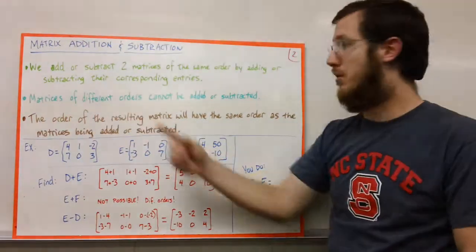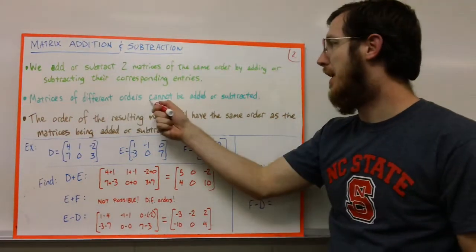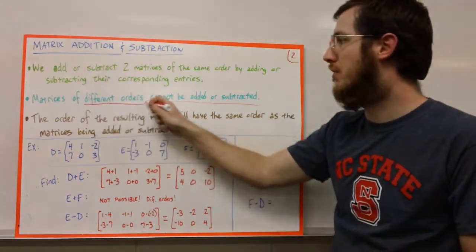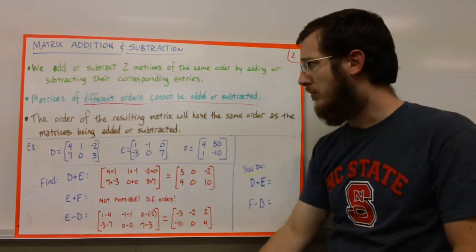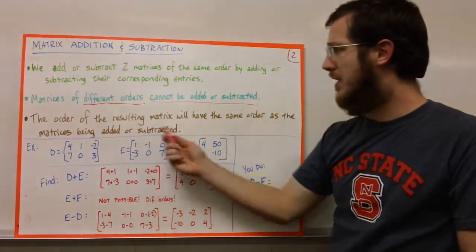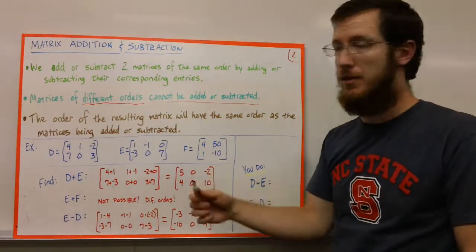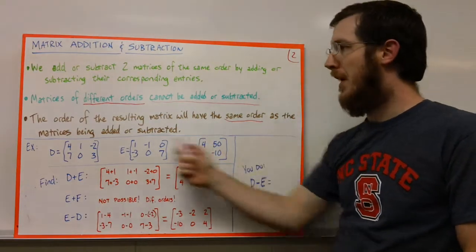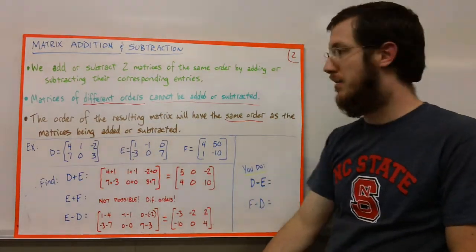Matrices of different orders cannot be added or subtracted. The resulting matrix will have the same order as the matrices being added or subtracted.